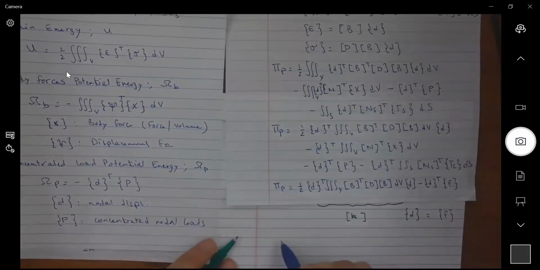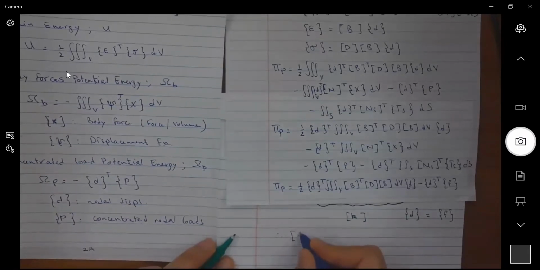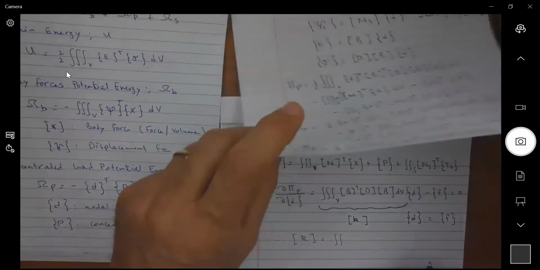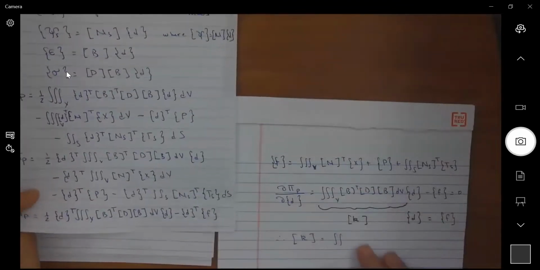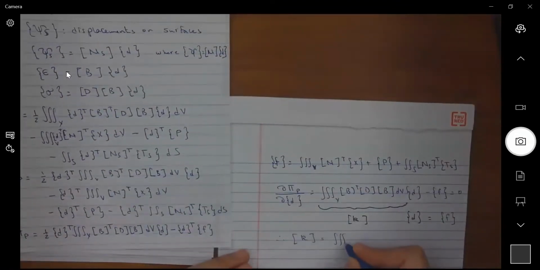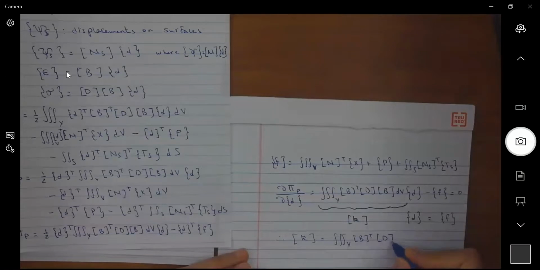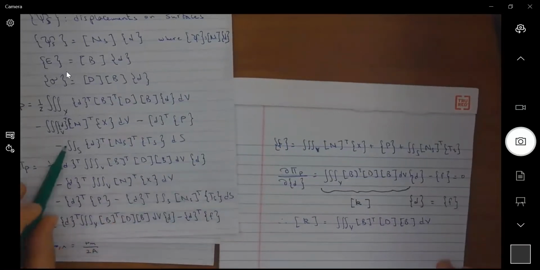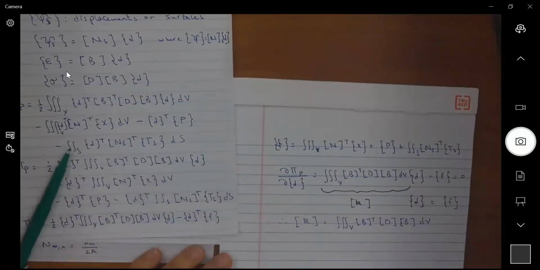So therefore, the element stiffness matrix K may be expressed as the triple integral over the volume of B transpose times D times B dV. What is the order of K?